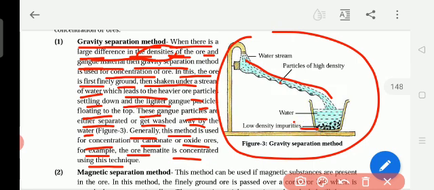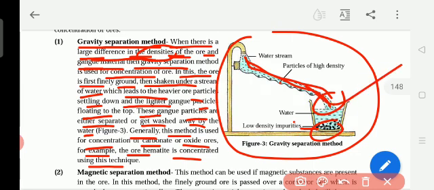So when they keep the powder in the stream of water, the higher density material, that means the more weight ore, settles down, and afterwards the impurities, like sand and soil, are removed with the stream of water.